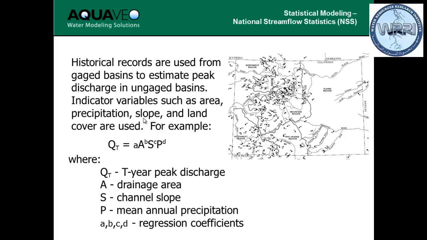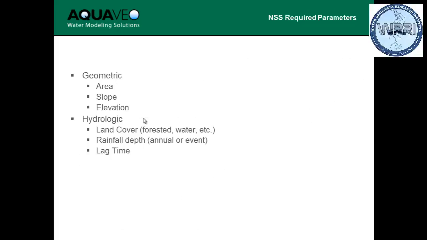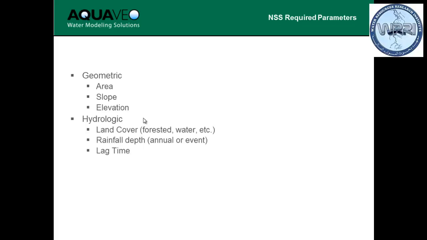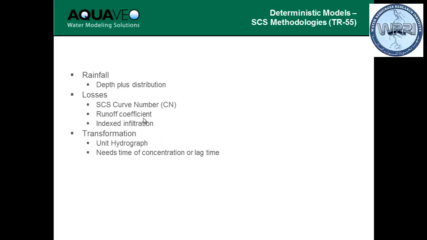That's a statistical model, and it's called National Stream Flow Statistics. It's used in the U.S. There are some parameters used in that model, and I'm not going to go too much into those parameters.